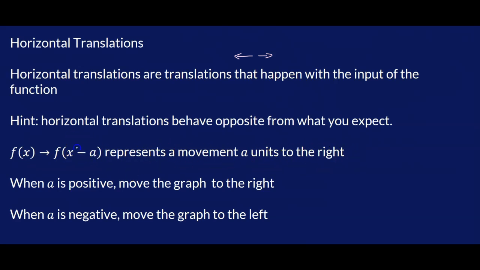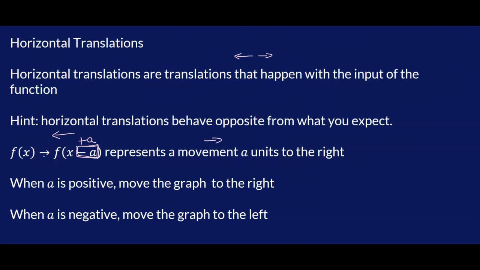I know most will think that because we have negative a, we should be moving to the left, but we're actually going to do the opposite of what you expect, which is when you have a negative, we're going to go to the right. If it's negative, so you have negative a, then you are going to move to the right. If you have plus a here, we're going to move to the left.